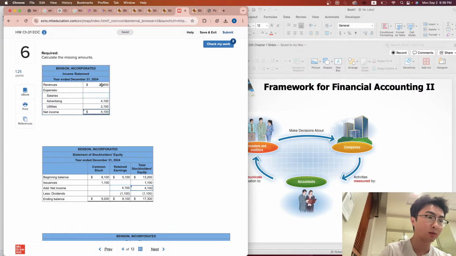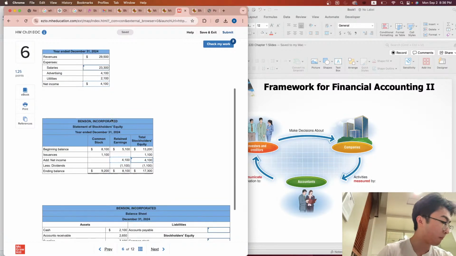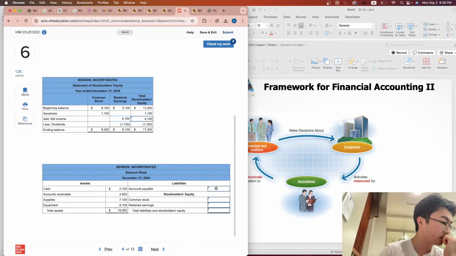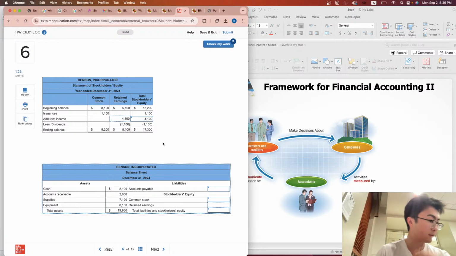Salaries, and then we take 29,500 and subtract 6,200. So 29,500 minus 6,200, 9 minus 6 is 3, so 23,300. Okay, so retained earnings, we took 8,100.